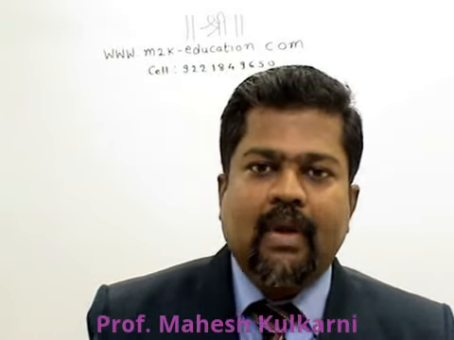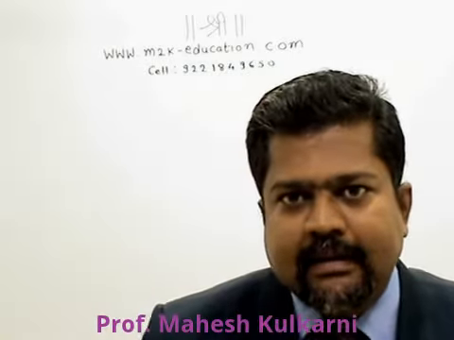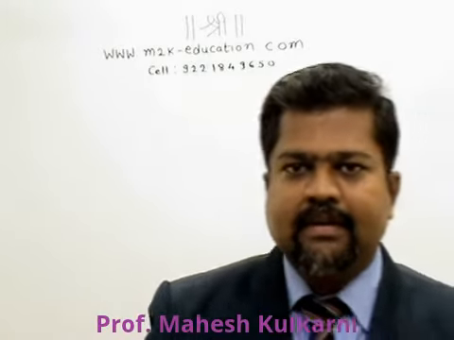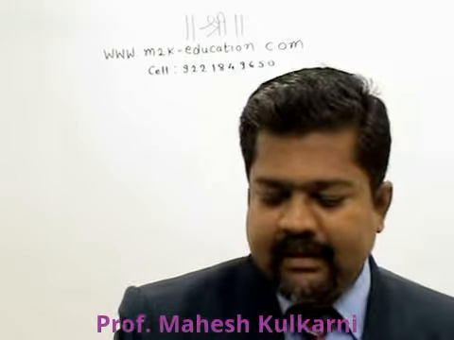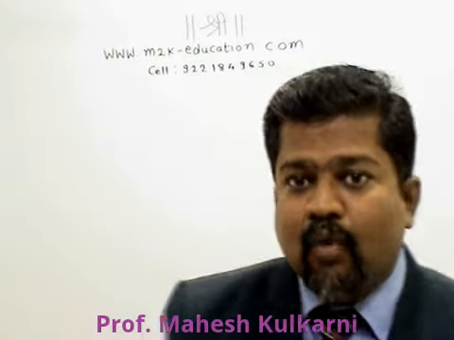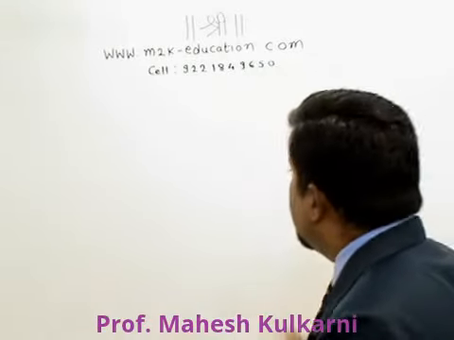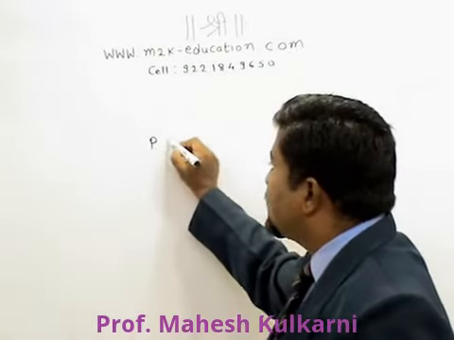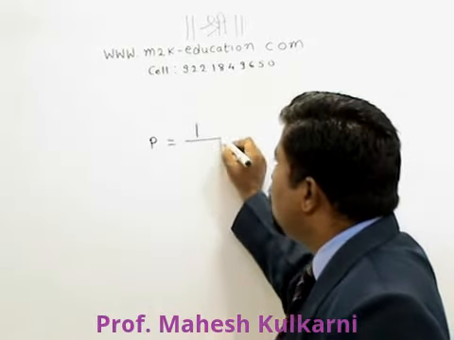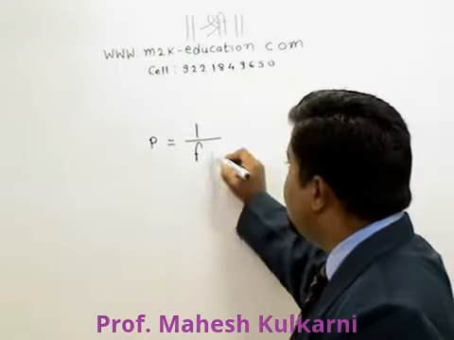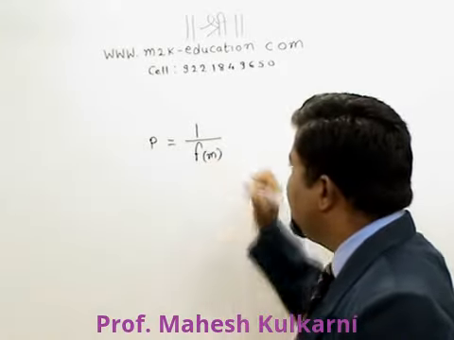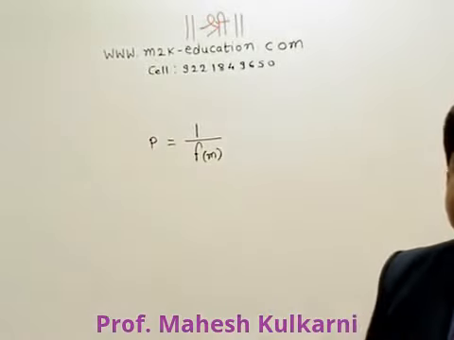Now we are talking of the power of a lens. You are aware now of what is focus and what is focal length. The power of a lens is associated with the focal length of the lens. The power of a lens is equal to 1 by focal length, but the focal length must be given in meters.